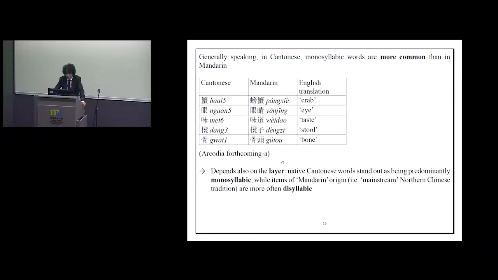One thing is that this can vary also depending on the layer of the lexicon, meaning that this tendency towards monosyllabism is really more apparent in native Cantonese words and not in the items of Mandarin origin, where I use Mandarin in a loose sense, because it basically just means that they come from the mainstream Northern Chinese tradition, which are more often disyllabic. So one feature that distinguishes at least the native layer of the lexicon is that there are more monosyllabic words.